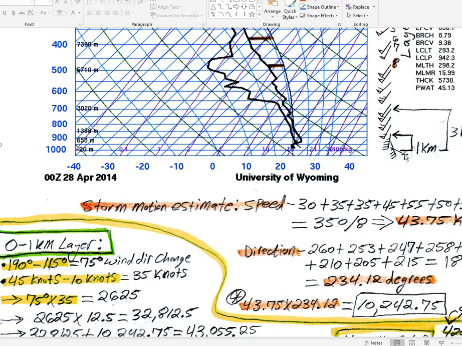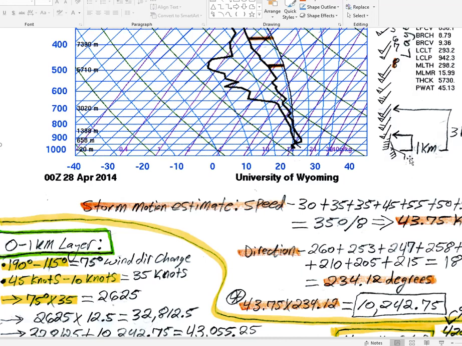Remember, surface and 10 meters are synonymous. It's really not at the surface, but it's at 10 meters. The wind is observed with the wind equipment in the National Weather Service system and most other ASOS and AWOS stations across the country.